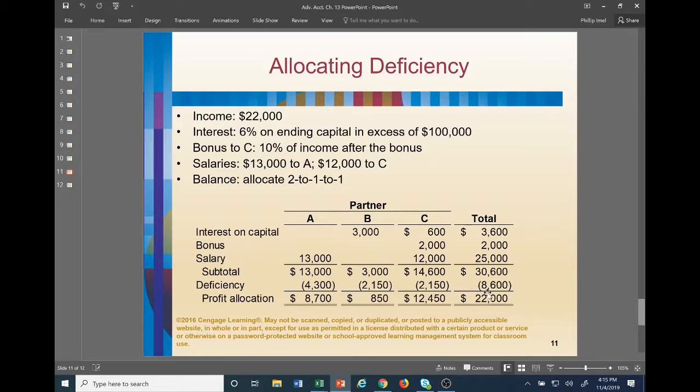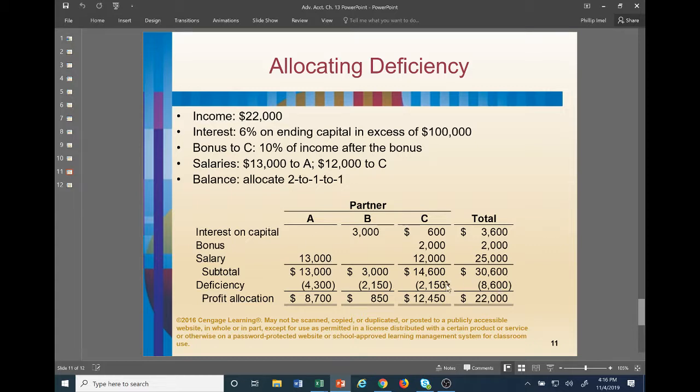So we have to allocate this deficiency of $8,600 amongst the partners on the 2-to-1-to-1 ratio. Therefore, partner A would be subtracted a deficiency of $4,300, and B and C $2,150 each, because it's on the 2-to-1-to-1 basis.